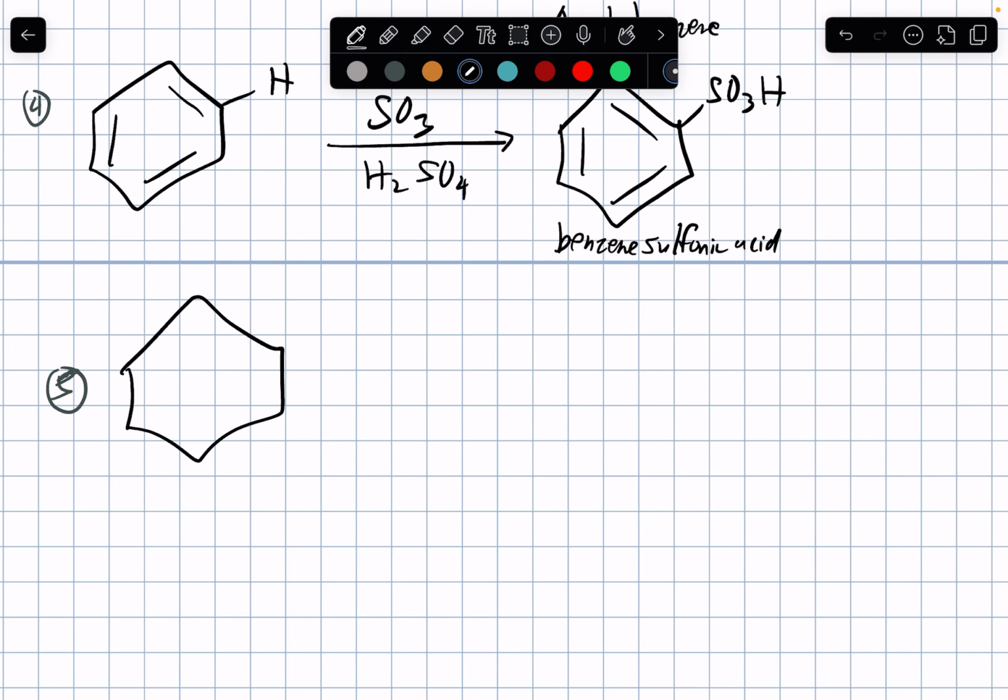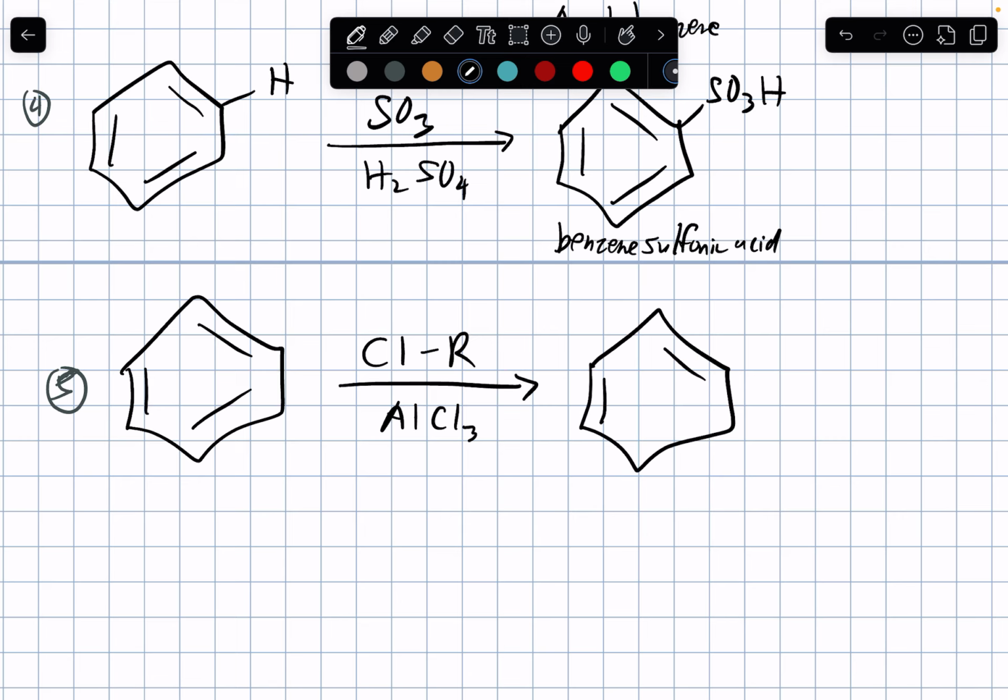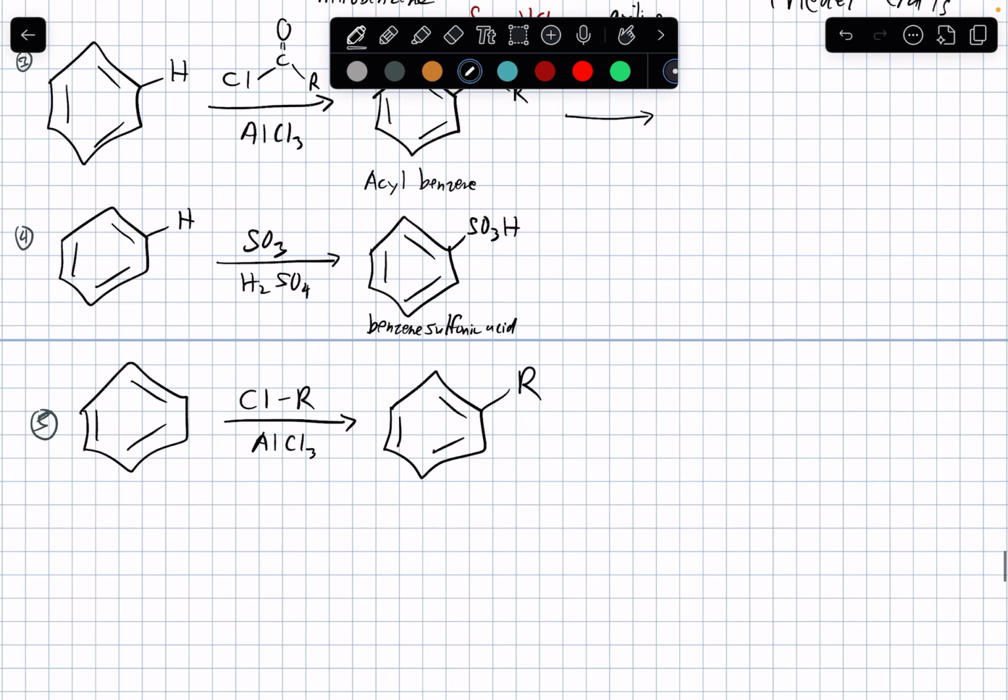So this one is also called Friedel-Crafts, but this time alkylation. So you add an alkyl group. So this is what you get.